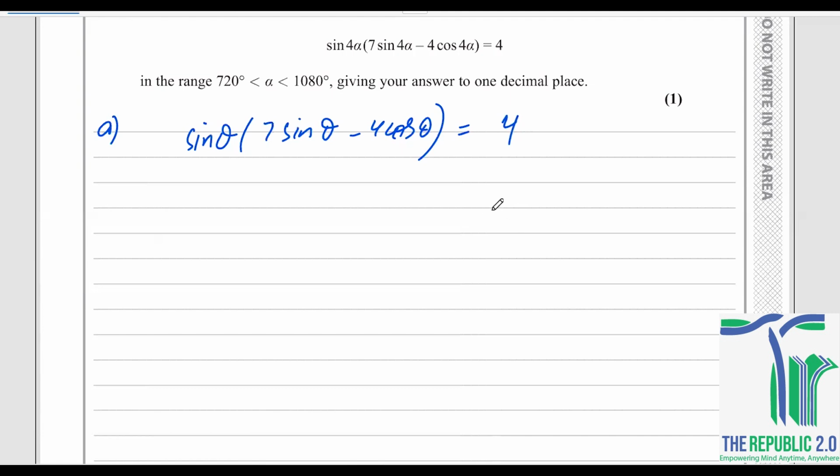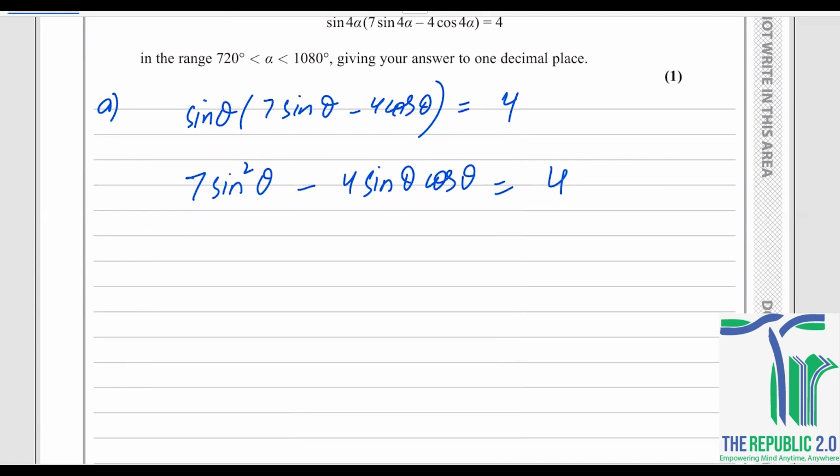So what I'm going to do is try to make all of these terms look like tangent theta first of all, right? So I'm just going to multiply them out, and I would have 7 sine squared theta minus 4 sine theta times cos theta equals 4.